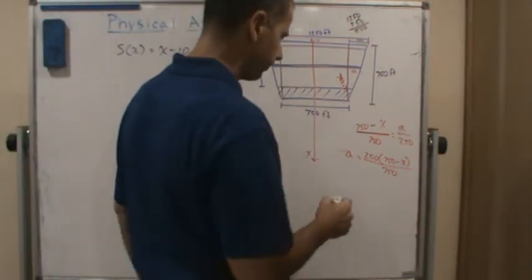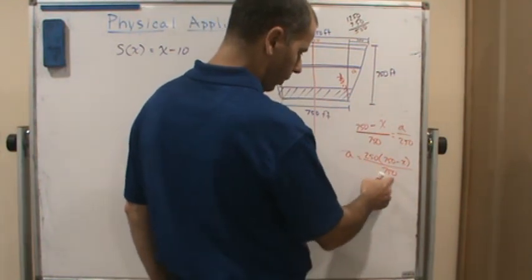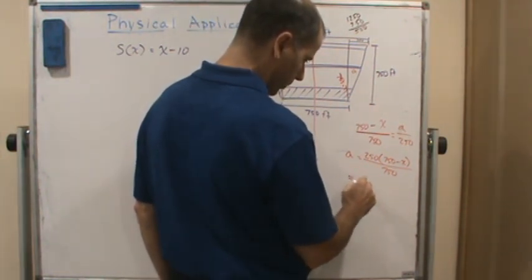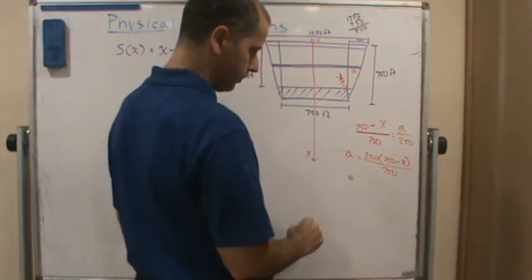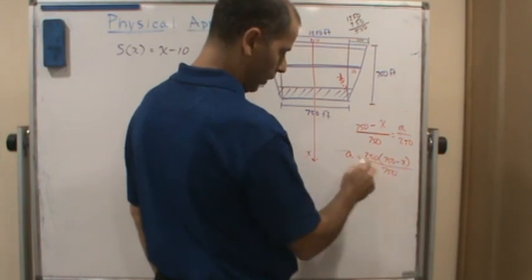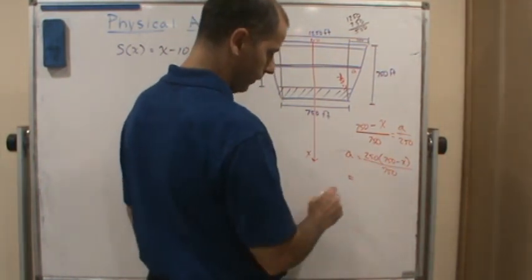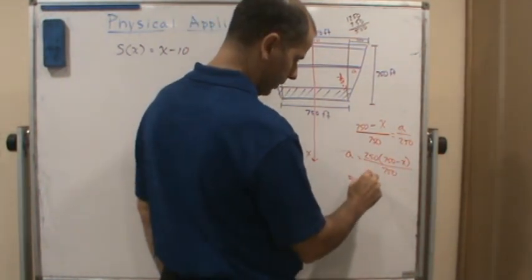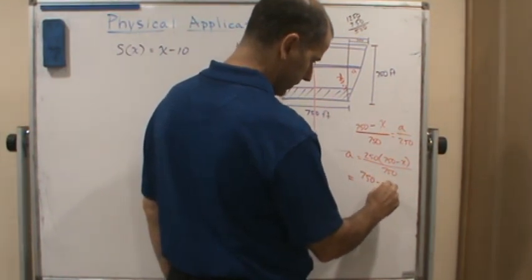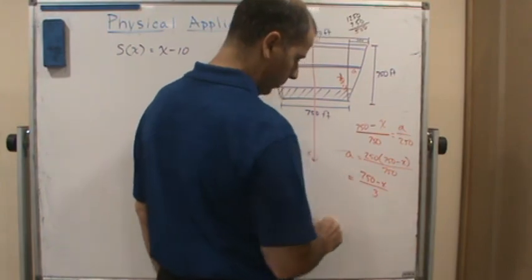So now, what do we get here? Let's simplify this thing. So we get a equals, this is going to simplify to 1/3, right? So this is going to be 750 minus x over 3.